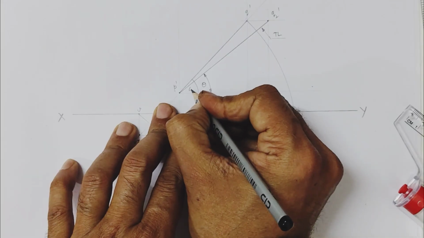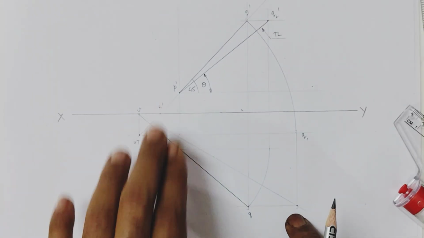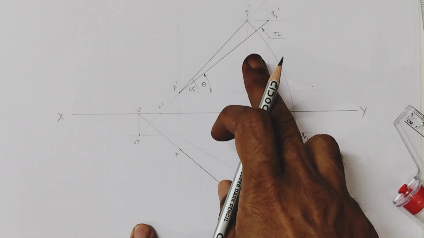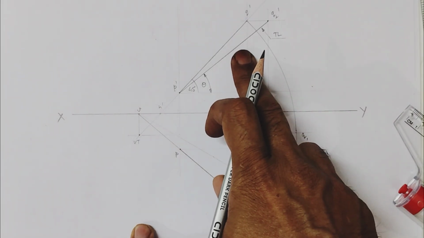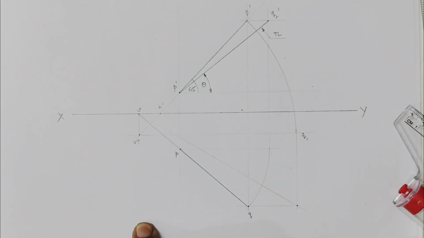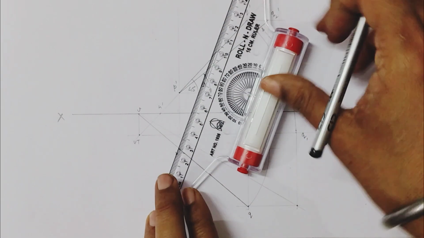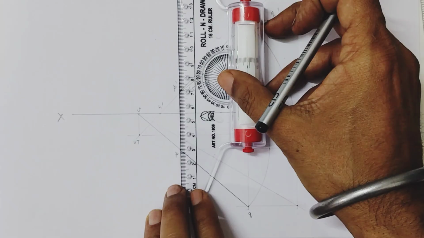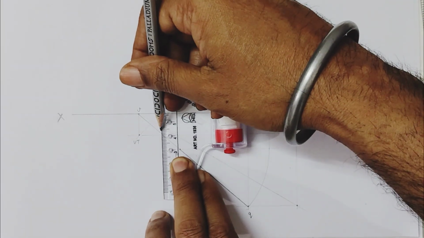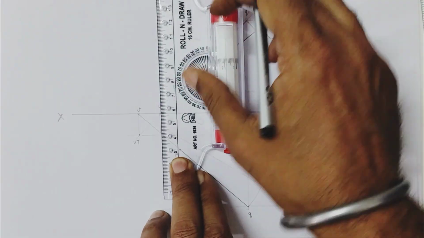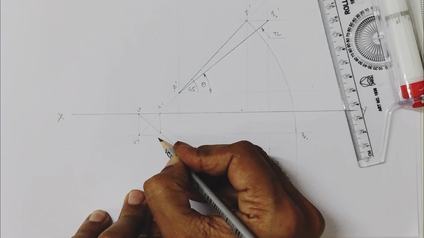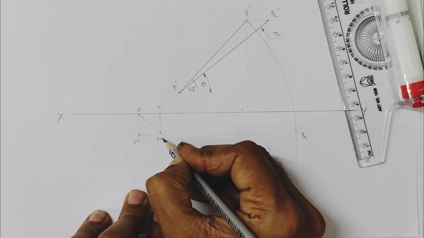This value is given in the numerical as 45 degrees. So we have already found the true length of the line and the inclination theta. Now we have to find out the HT. So for that we will project a perpendicular from point H so that it intersects with the extended plan at this point. So this is the horizontal trace.